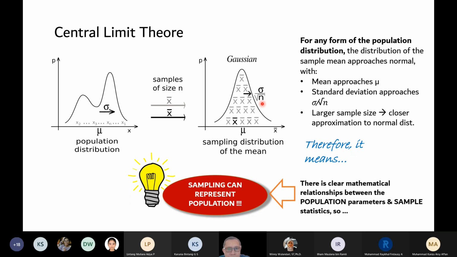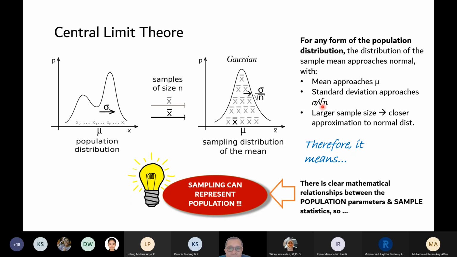This gets a little bit confusing, but you can always replay this video. So the standard deviation of the sampling distribution of the means will approach sigma divided by square root of n. You know that sigma is the standard deviation of the population, not the sample, but the population.